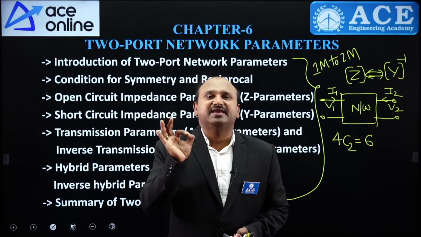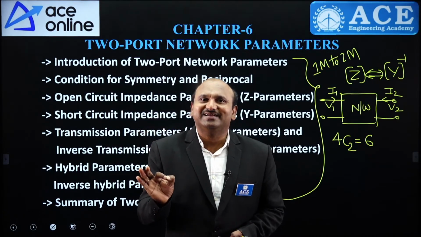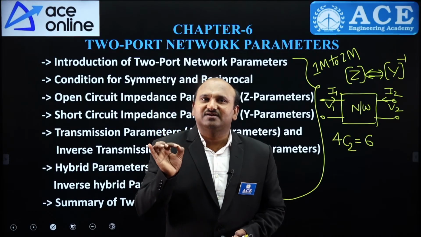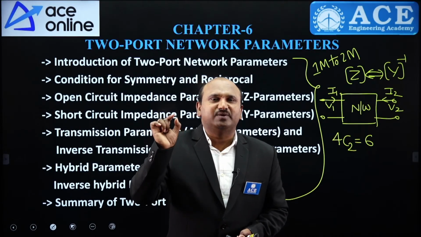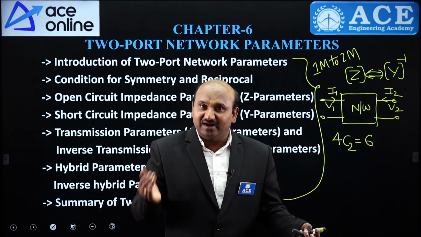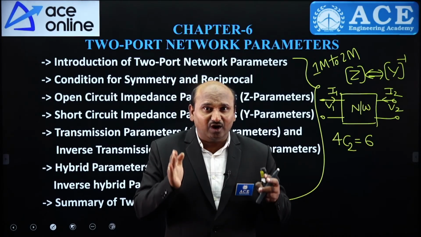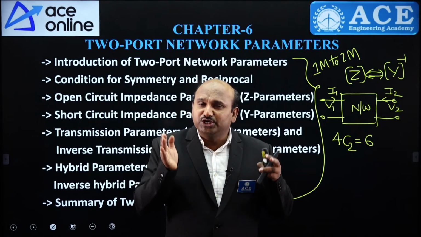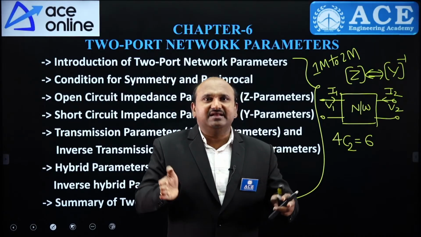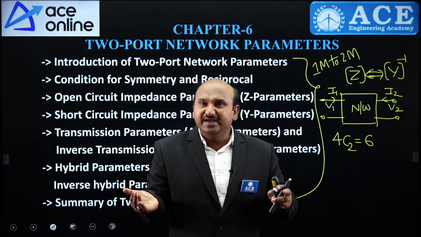Suppose you want to get the A parameter: A is equal to V1 by V2, right? V1 is equal to AV2 minus BI2, so V1 by V2 is the A parameter, under the condition I2 is equal to 0. This is how you have to solve it, getting the parameter elements in terms of the equations.